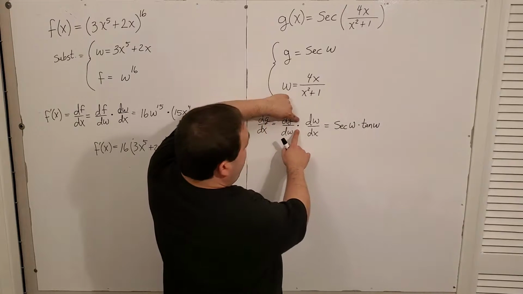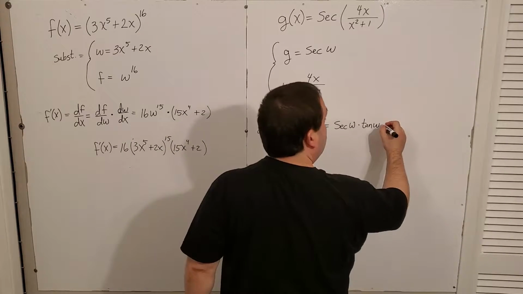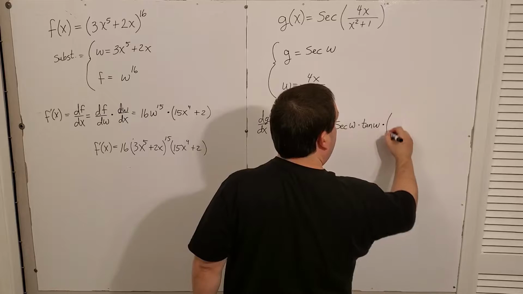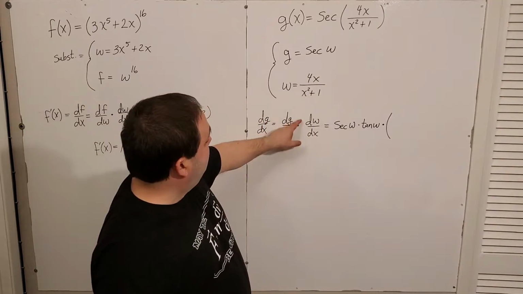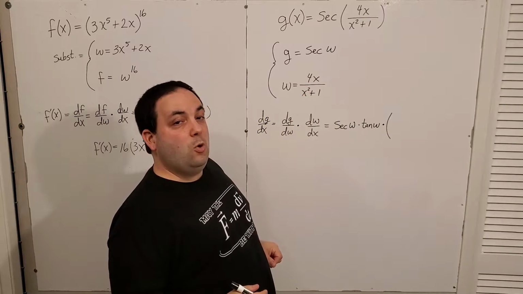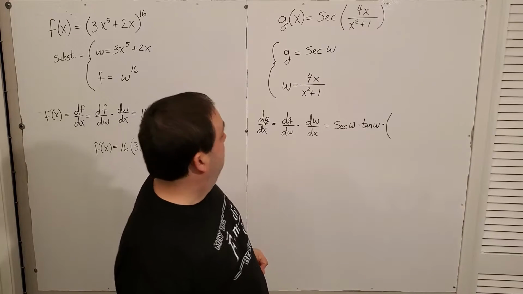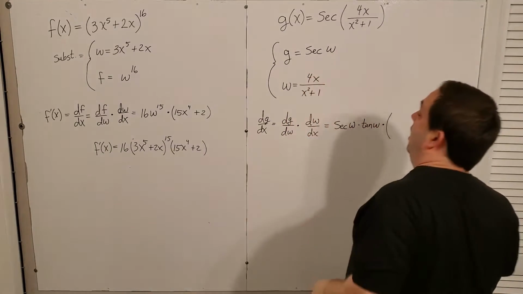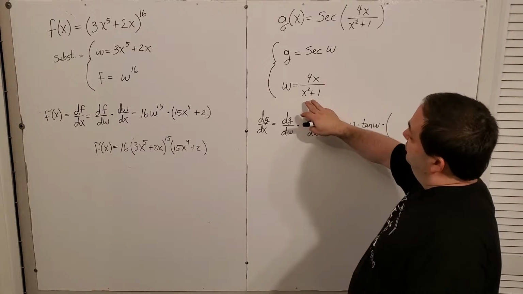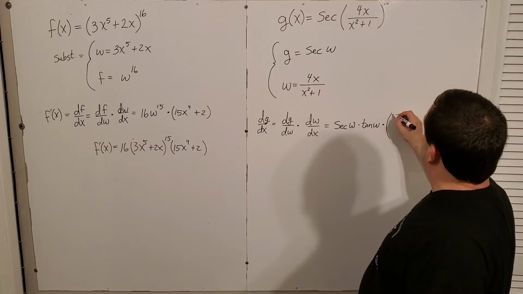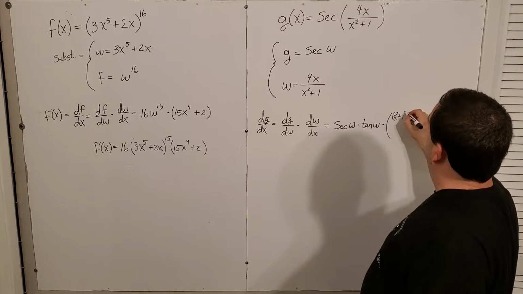Now, times dw dx, times, and I'll go ahead and put a parentheses here, because dw dx is going to be a quotient rule. So I've got to do my low d high minus high d low. So low is x squared plus 1.